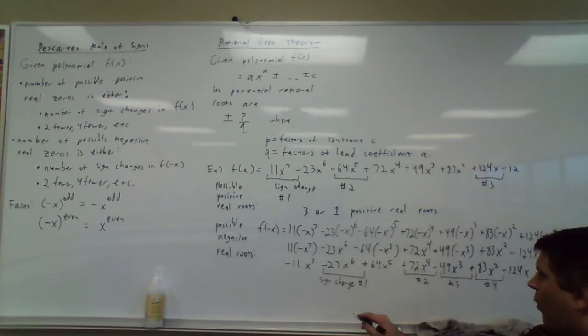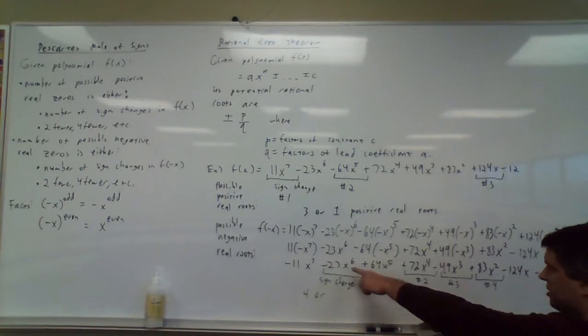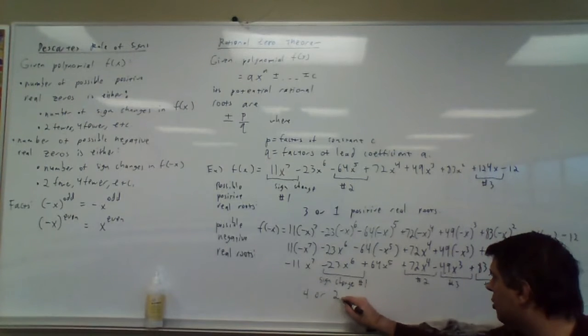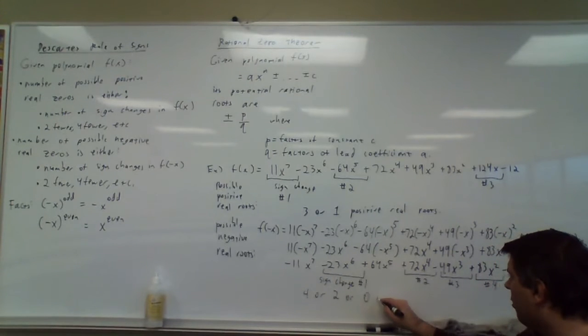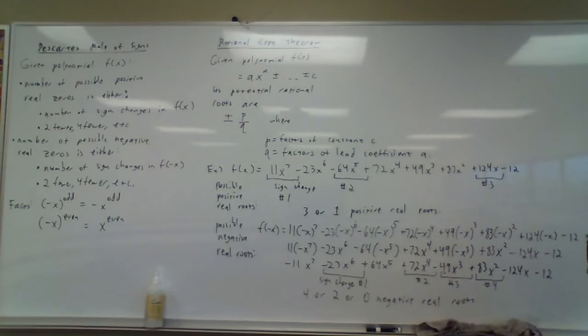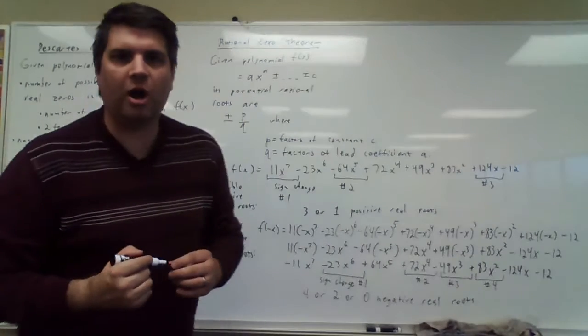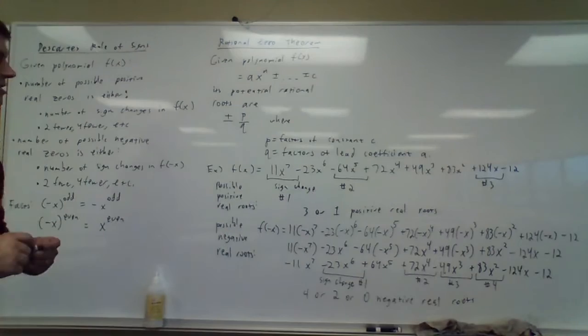So there will be 4, or there's 4 sign changes. So that would be 4 or 2 or 0 negative real roots. Okay? Now, we're not just going to talk about the rule of signs.